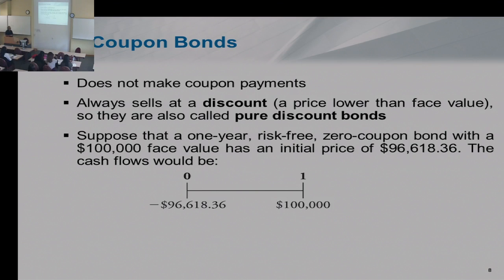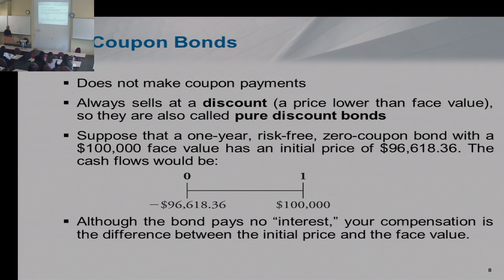So, although the bond pays no interest per se, because it's a zero coupon bond, the difference between the purchase price and the face value is the interest payment that you get, the profit that you earn. And you're going to be taxed on that. That's a tax issue, but for tax purposes, that's the same as interest.